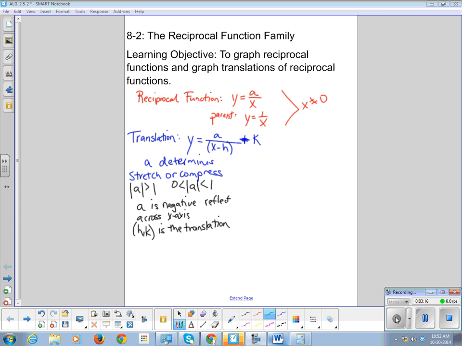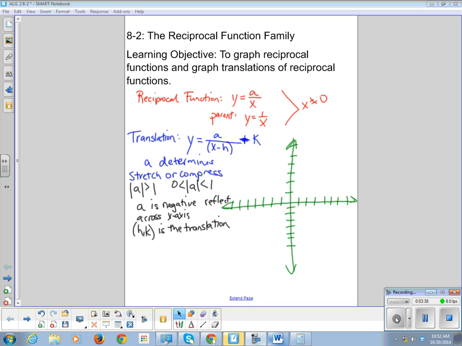All right, so let's look at what the graph looks like. We did a little bit of this in the last section. I have called it the diagonal U shape.